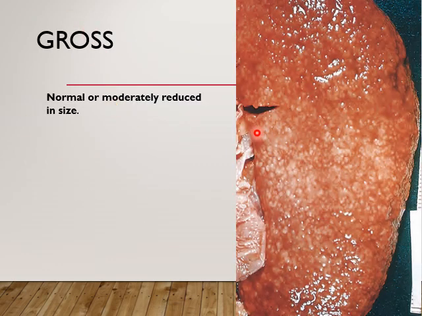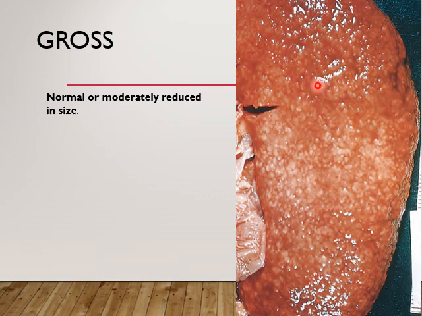So grossly, one thing to remember in benign nephrosclerosis is that the kidney will usually be normal or moderately reduced in size. We can see that the mass of the cortex has been lost due to cortical scarring and shrinkage as a result of ischemia and the thickening of the blood vessels.